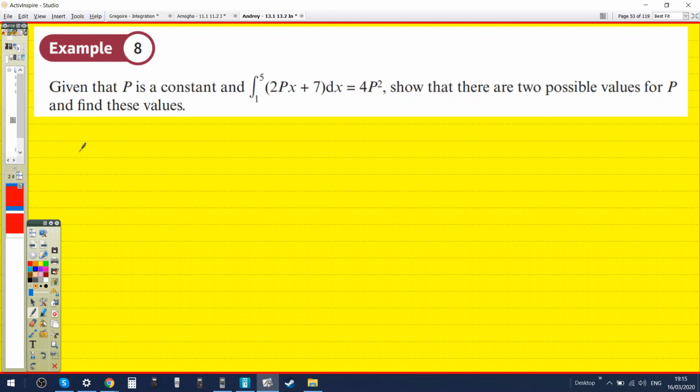Oh right, yeah, and then so do 2p times 5. No. Integrate first. All right, so 2px. So would that be px squared plus 7x?